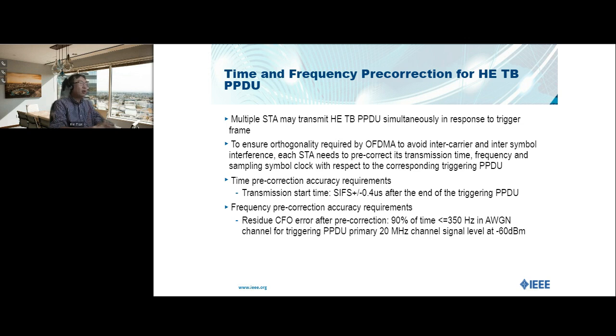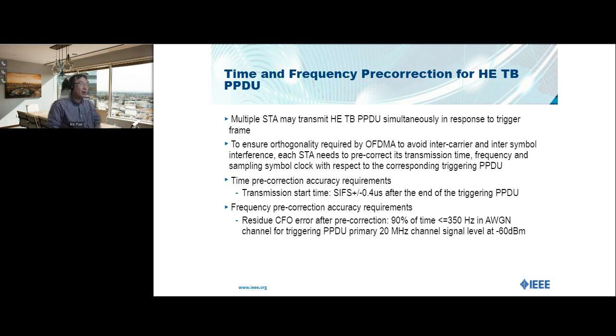To ensure orthogonality, which means avoiding inter-carrier and inter-symbol interference, each station needs to pre-correct its transmission frequency so that the frequency offset is small and they are still orthogonal. It also needs to pre-correct its time so that the arrival time difference between different stations plus their round-trip delay difference is still within the GI interval, so that when the AP does the FFT on the received OFDM symbol, all the signals are still orthogonal.